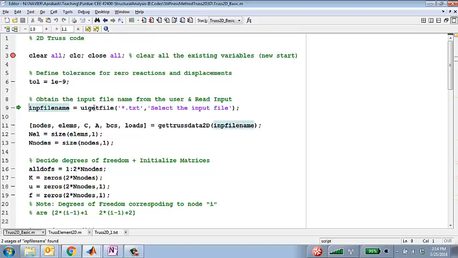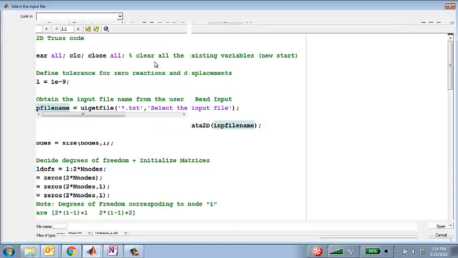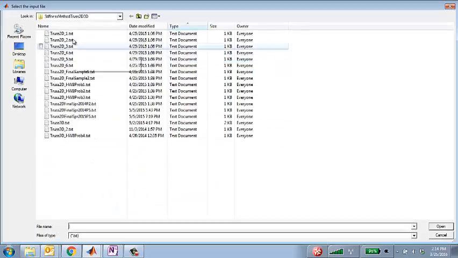Here is where MATLAB is going to ask me for an input file. Unlike the MATLAB code that you have for homework 7, where we actually call a separate MATLAB .m file, here we are going to ask the user for the name of an input file, which is a text .txt file. So execute that, and yes, MATLAB asks me for the name of input file.